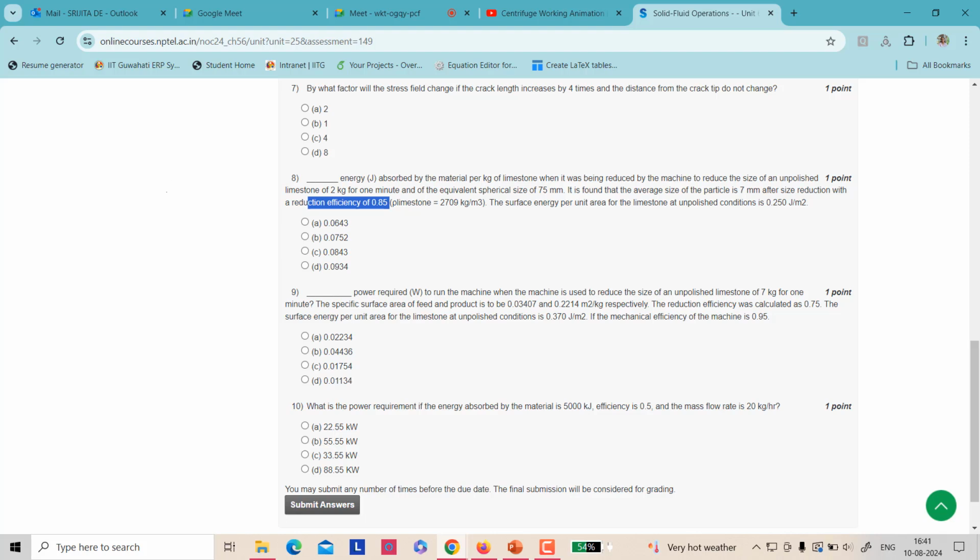This is in joule. But in the question it is asked the energy absorbed by the material per kg. So we have considered 2 kg of the material, right? Yes, sir. So now we have to divide the whole thing to make it per kg.